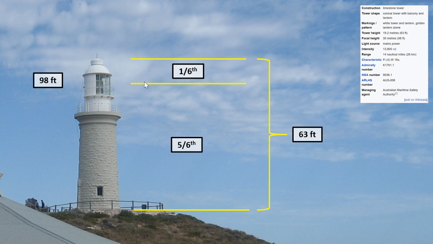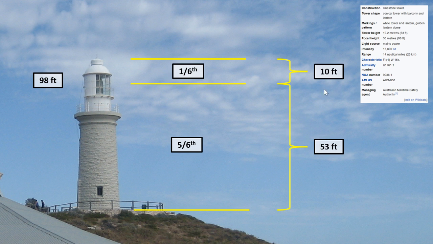In between these two lines, it's about a sixth of the total, and this is 5/6 of the total. So we can split this 63 feet into 10 feet above the focal height and 53 feet below the focal height. And that obviously makes the total height of the tower above sea level 108 feet and the base of the lighthouse at 45 feet.